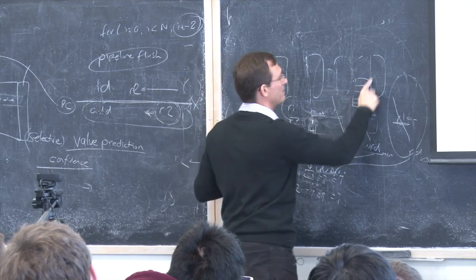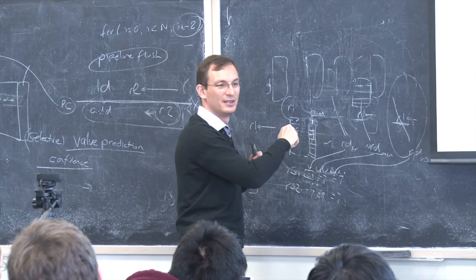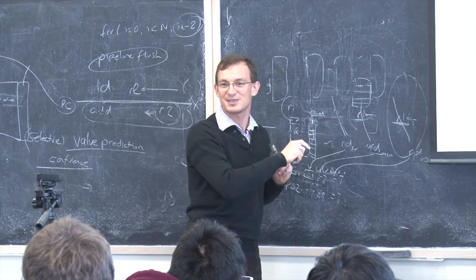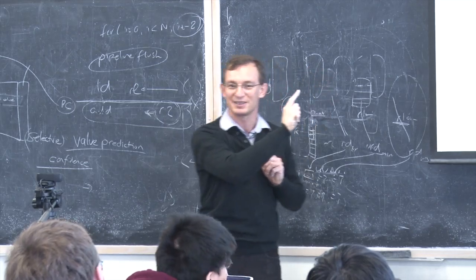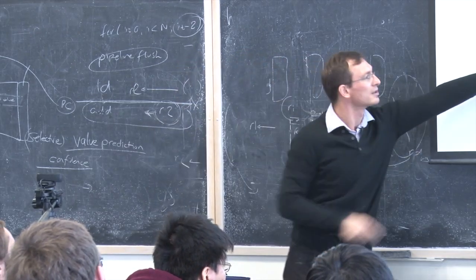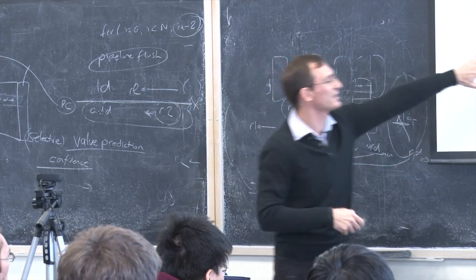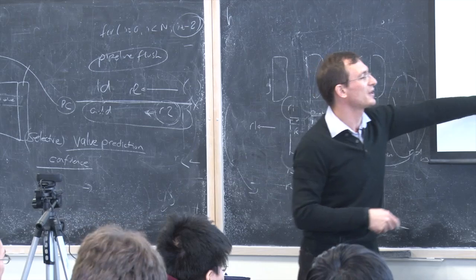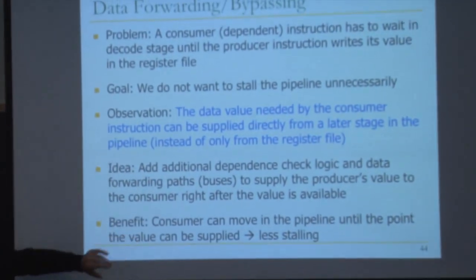Or you supply another path from memory such that memory's result goes back directly into the input of the ALU. Does that make sense? Whenever the value is available, supply it to a previous instruction in the pipeline. You need additional checking logic and additional buses to support this, and I'll give you some examples of this logic. The benefit is that the consumer can move in the pipeline until the point the value can be supplied, so there is less stalling.